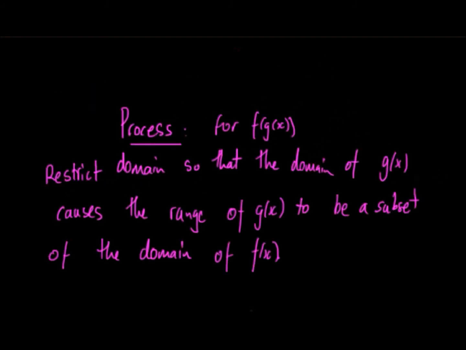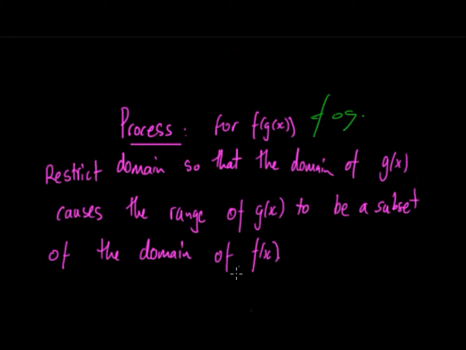So the process you can look for is that for f(g(x)), and if it's the other way around, then just change around g(x) for f(x). So this is for f∘g. That means we restrict the domain, so the domain of g(x) causes the range of g(x) to be restricted. Restricting the domain restricts the range, not all the time, but in this case it will, causing the range of g(x) to be a subset of the domain of f(x).